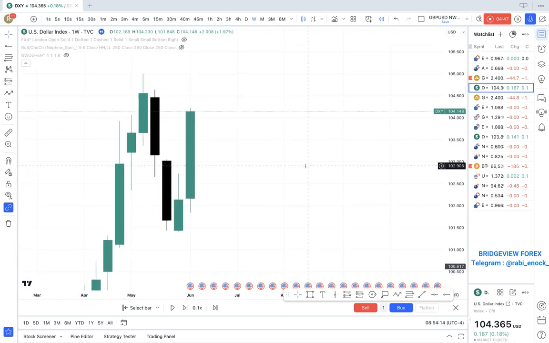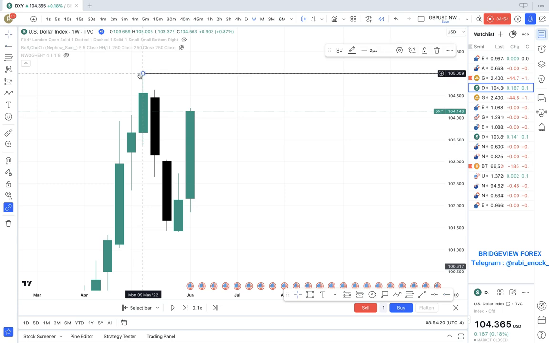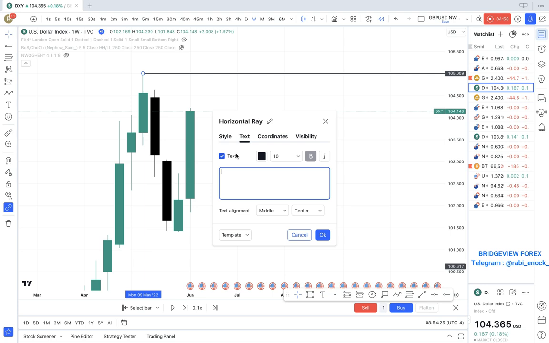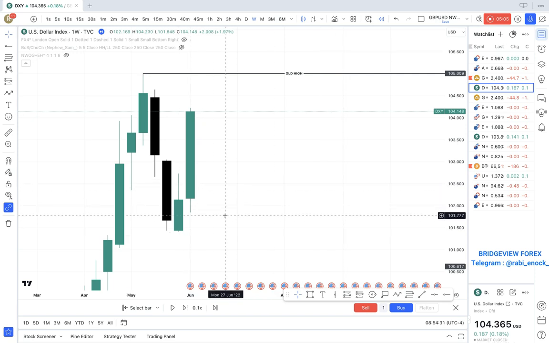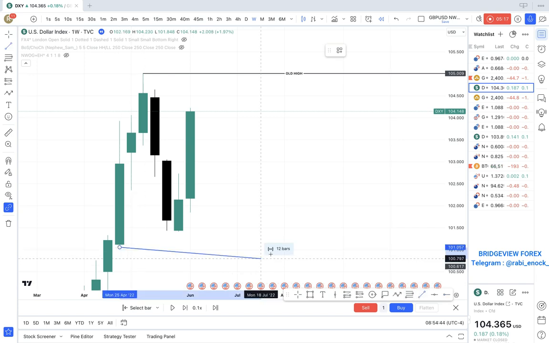So please let's take this as an example. This is an old high. Where are the lows? This becomes an old low. Let me use just a line. This becomes an old low.